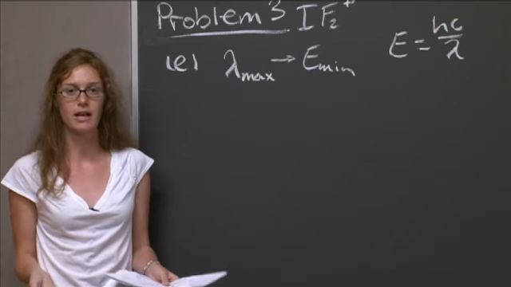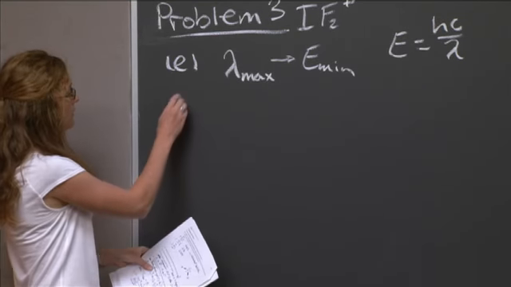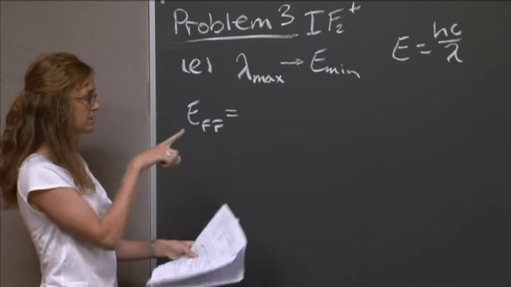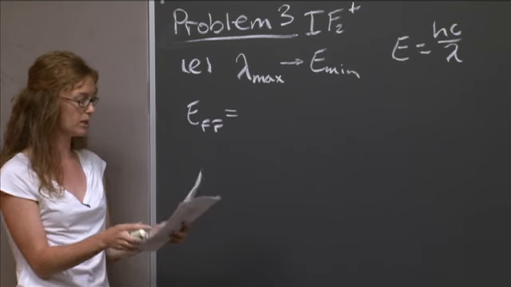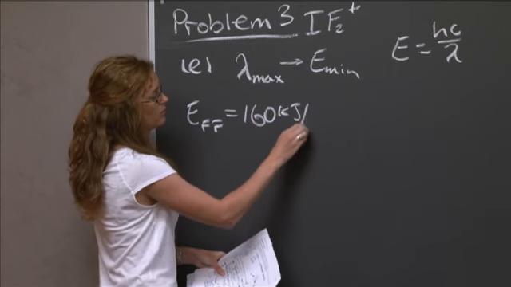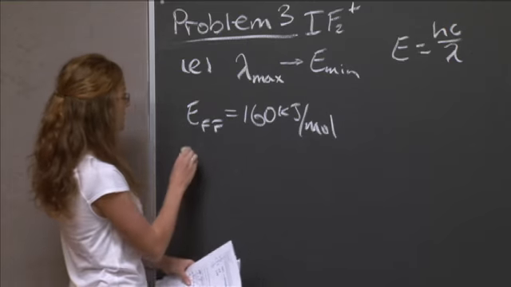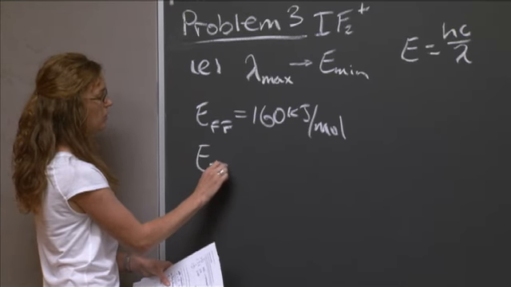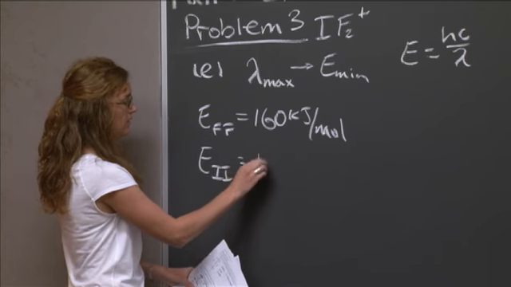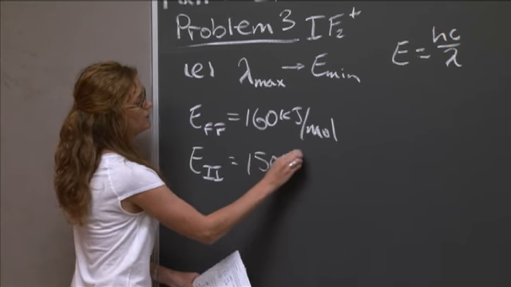Now, what are we given to answer this question? We're given the energy of the homogeneous fluorine bond is 160 kilojoules per mole, and the energy of the homogeneous iodine-iodine bond is 150 kilojoules per mole.